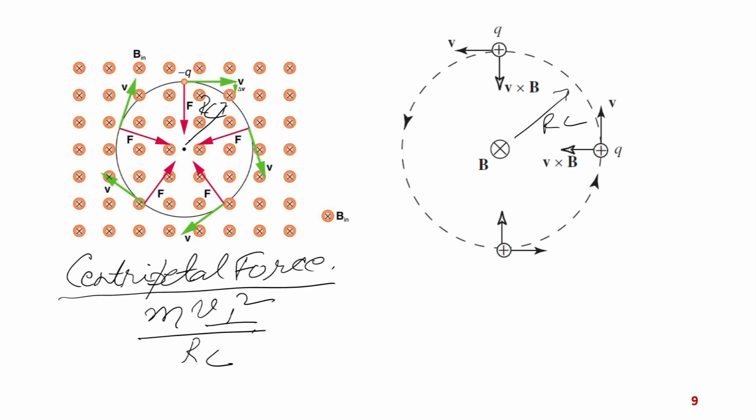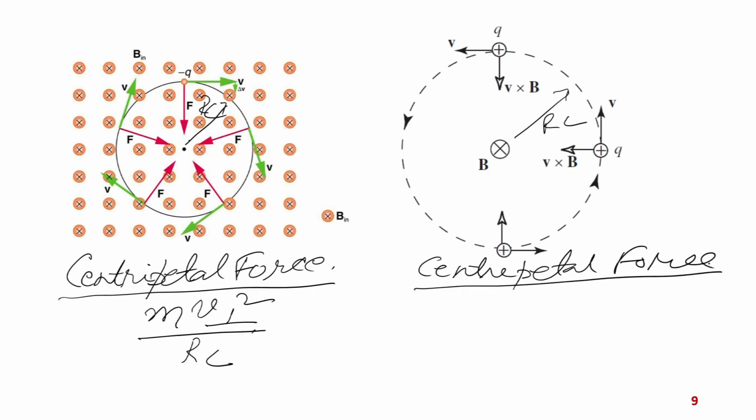The centripetal force here is q v cross b, and these two are perpendicular, so I can write this as q v b. Okay. So, this is the centripetal force, and this is the centrifugal force.